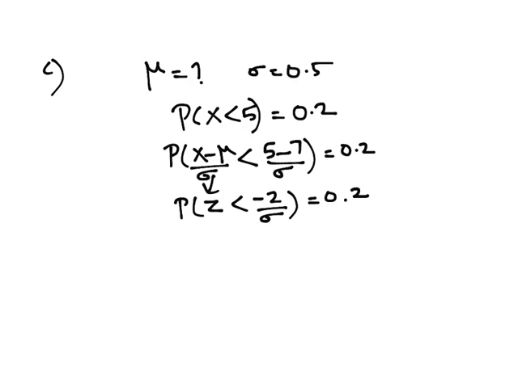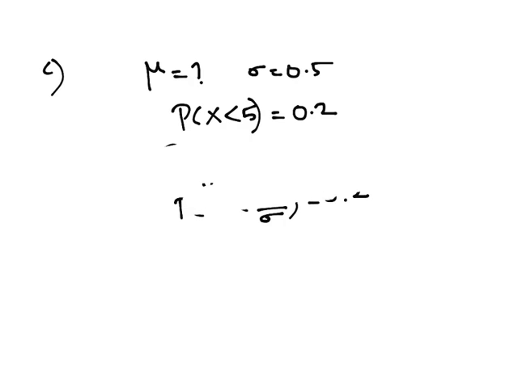I'm sorry, I think I made a mistake again. We have to find the value of mu, right? So they are given sigma and we have to find mu. So let me just erase this. So what is given?